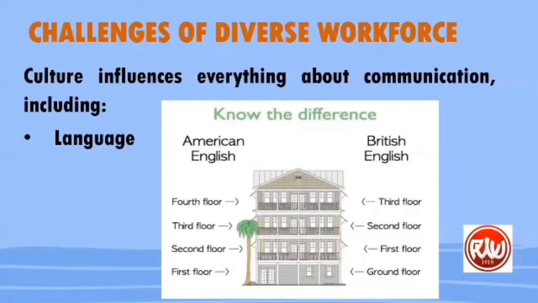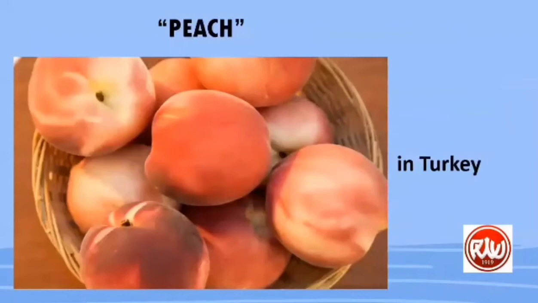I have the figure here so that it will be easier for you to digest. As you can see, in American English the first floor is the ground, but in British English, the first floor is actually the second floor. No? So those are just some examples of the word meanings that differ from country to country.